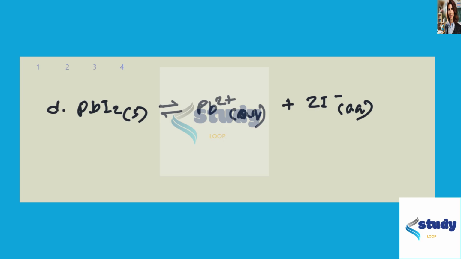So here this iodide ion will react with acid to form HI. And since again this HI itself is a strong acid, that means the solubility of PbI2 in acid will not be more favorable.